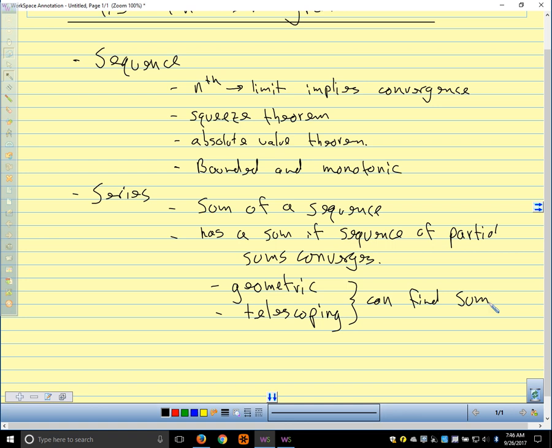For most of the others, there may be a method, but what we're interested in for the most part is: is there a sum? Does a sum exist? And then we talked about the nth term test for divergence.